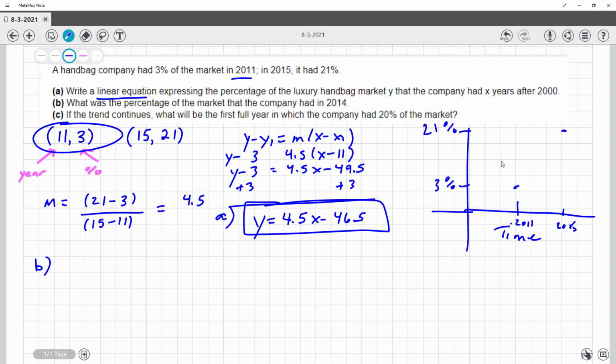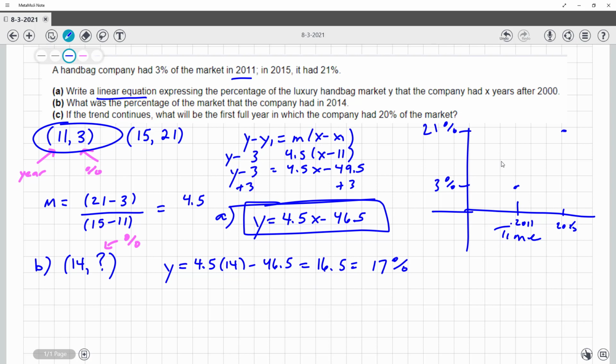In 2014, that would be your x, and you're trying to find that percentage. Once again, that's the percentage y. So I could just simply use my equation. We said the 14 is my x. And I throw that all in a calculator and I get 16.5, but they tell you to round it to the nearest integer, which would be 17%.